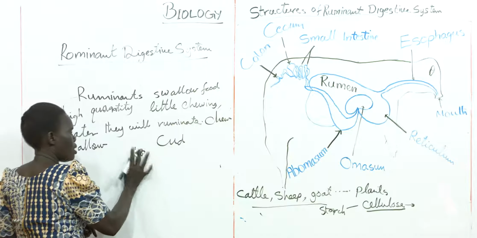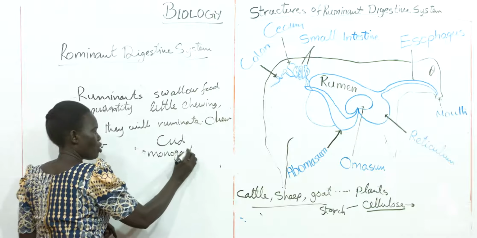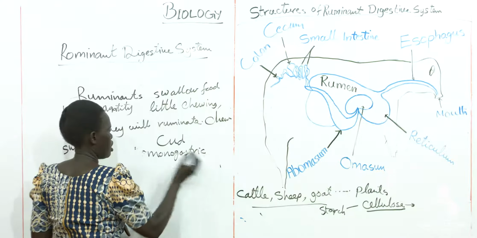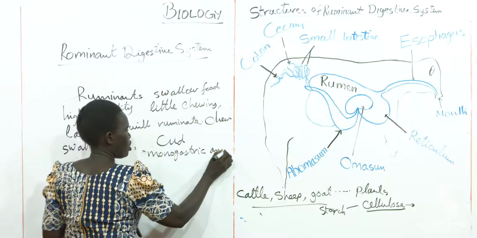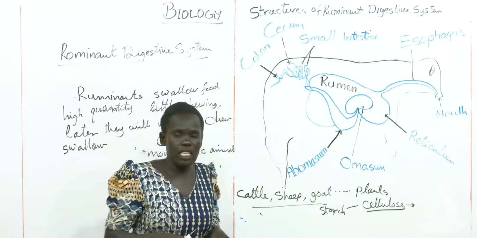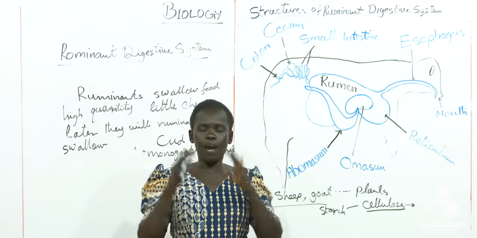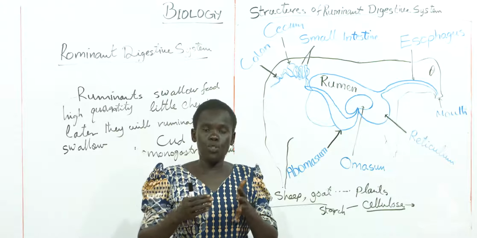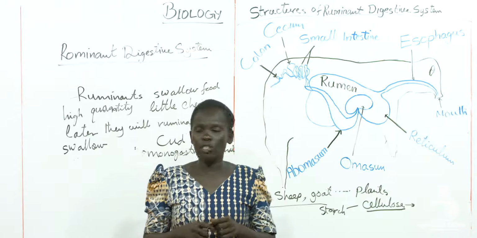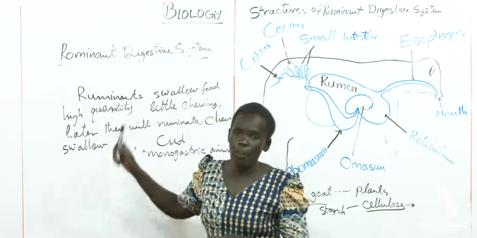In monogastric animals, nothing of that kind happens. The animal eats, the food reaches the stomach, and it is not brought back to the mouth to be rechewed and swallowed again. That does not take place in monogastric animals, but it takes place in ruminants.